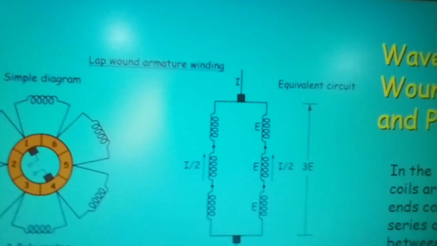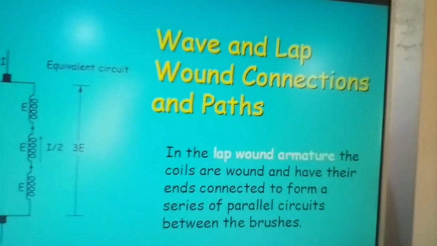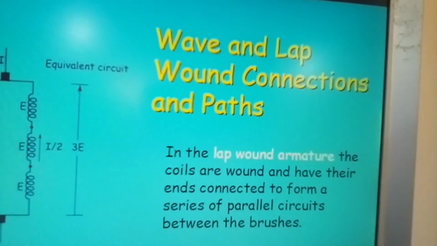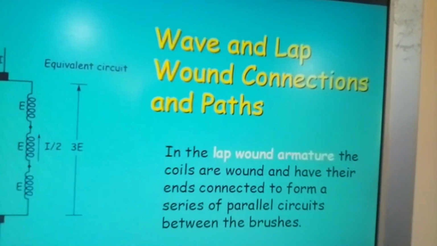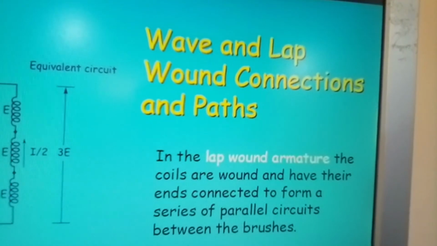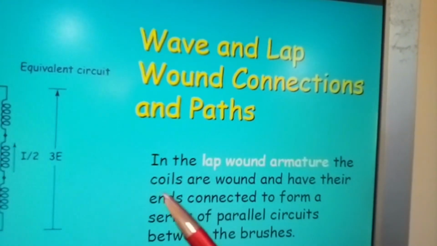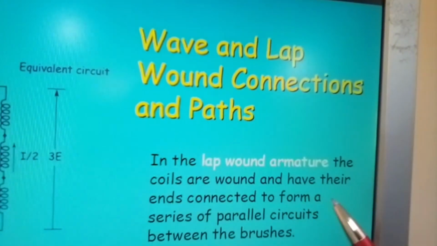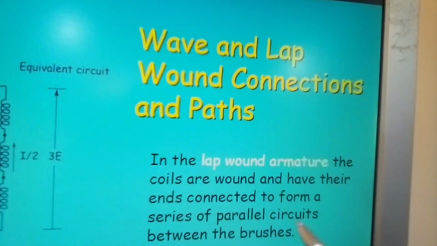Now, wave and lap wound connections and paths. In the lap wound armature, the coils are wound and have their ends connected to form a series of parallel circuits between the brushes.